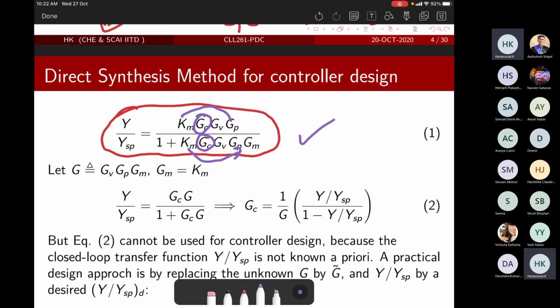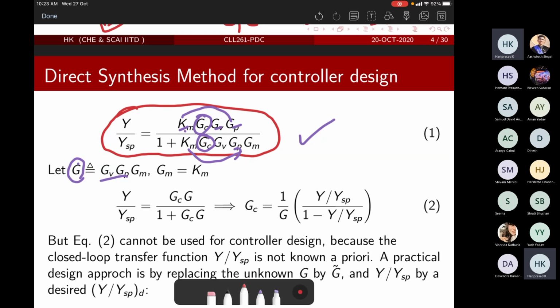Keep GC because this is something that you need to design, and multiply everything else, GM, GV, GP, everything, and make a placeholder transfer function G, which is this. So the simplified form of the transfer function is GC times G by 1 plus GC times G.